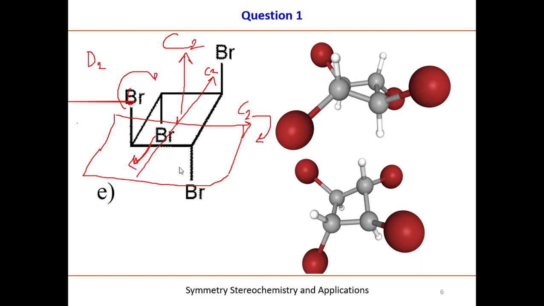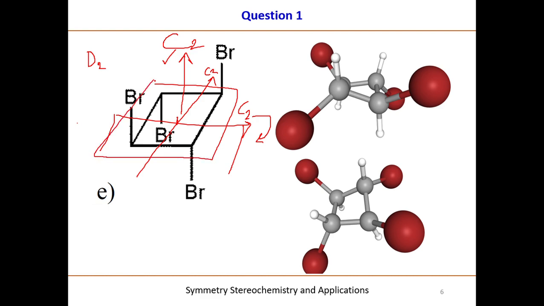Now we will check the horizontal plane also. Is any horizontal plane present here? Horizontal means perpendicular to the principal axis. This one is our principal axis. If we pass a plane through here, we will get the inversion of all the bromine atoms.